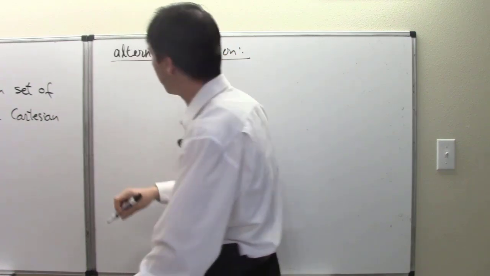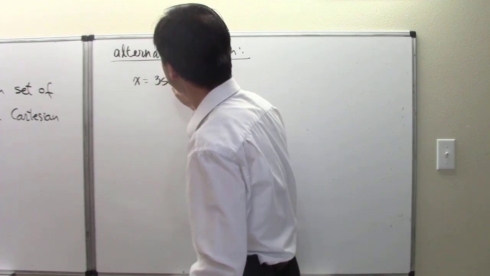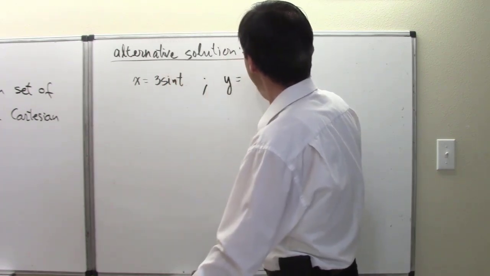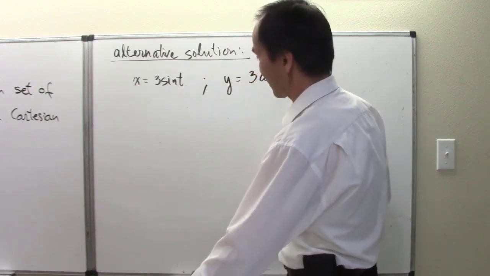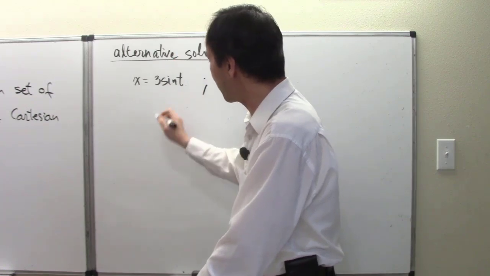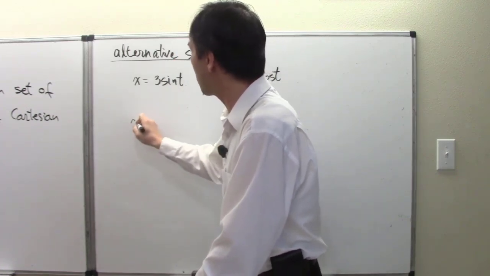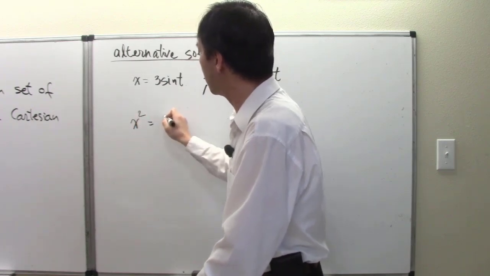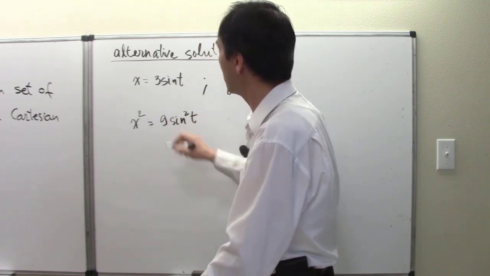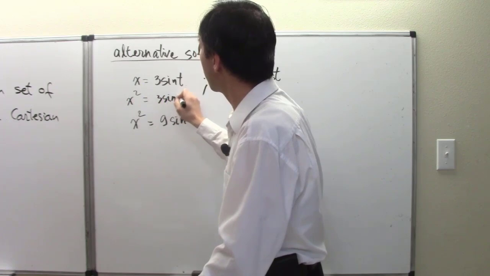So we have x equals 3 sine of t, and y equals 3 cosine of t. The alternative solution I'm talking about here is that you can directly square both sides. So x squared becomes 9 sine squared of t, because x squared equals 3 sine of t all squared.